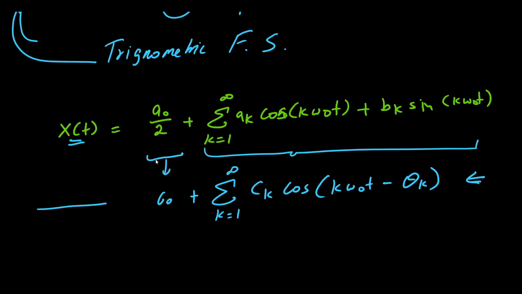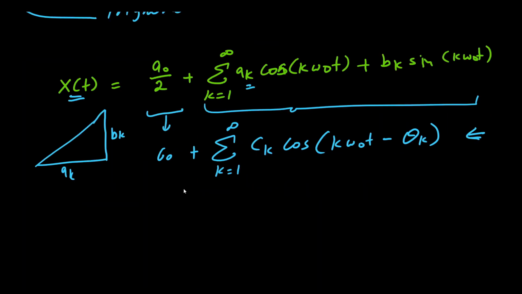That is, you have an ak perpendicular to bk, so the vector ck would simply be under root ak square plus bk square, and this is our theta k.